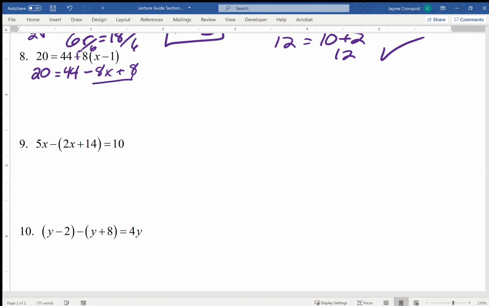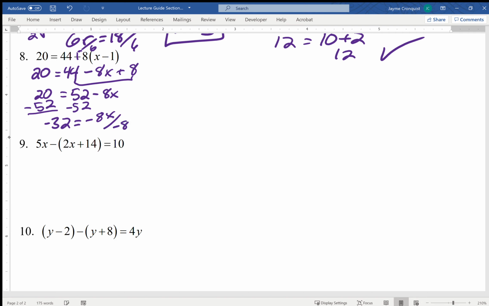All right, so 8 and 44, I have 20 equals 8 and 44 are 52 minus 8x. All right, I subtract the 52 to the other side. There are a couple of ways you could do this. Here, I'm going to end up with a negative 32 equals negative 8x.